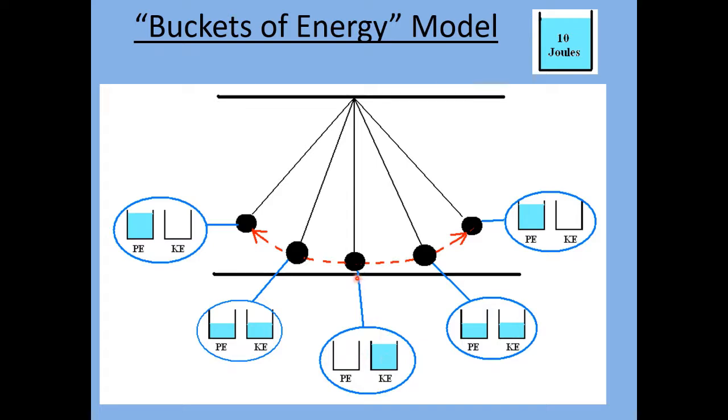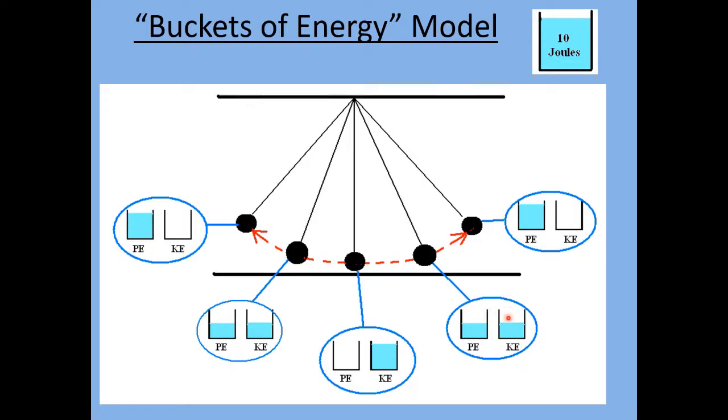So now at the bottom, what the energy model looks like is there is no potential energy left. All that energy has been transferred into the kinetic energy bucket here. And then as the pendulum starts to swing up, we start to take this energy here, remember there's 10 joules here now, and we start to pour it back into the potential energy bucket. So at some point here halfway up, we're at half and half.